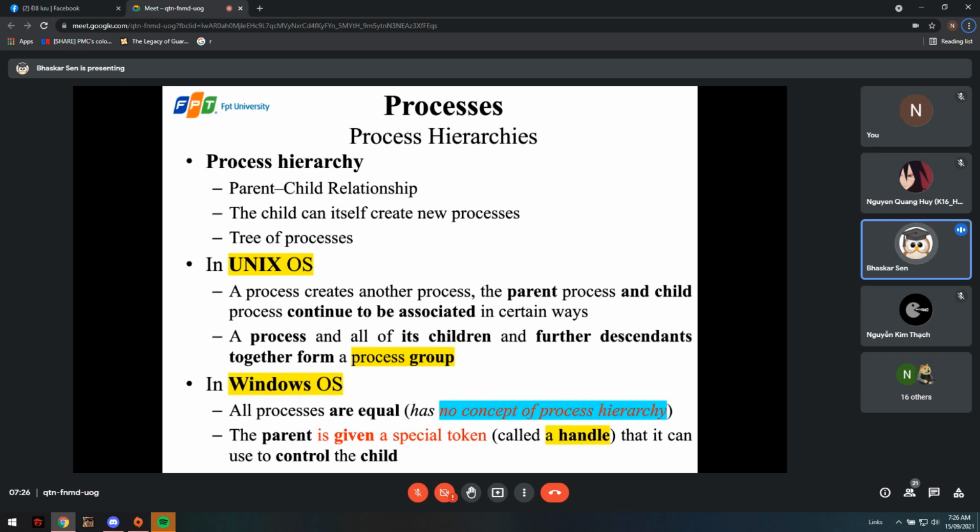If you look at the bottom of the slide, we clearly mention that Windows doesn't support it. That's why the mount and unmount system calls are missing in the Windows context. Clear?